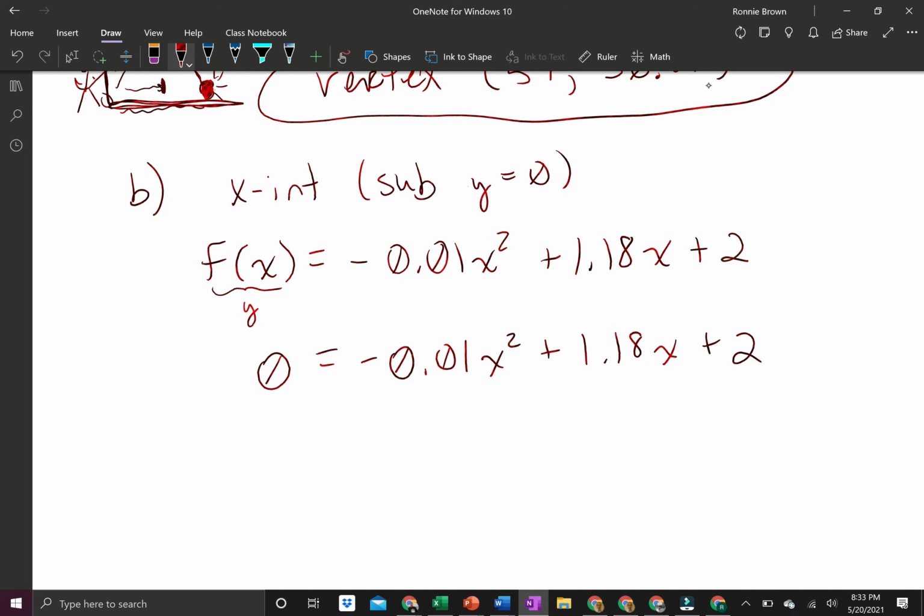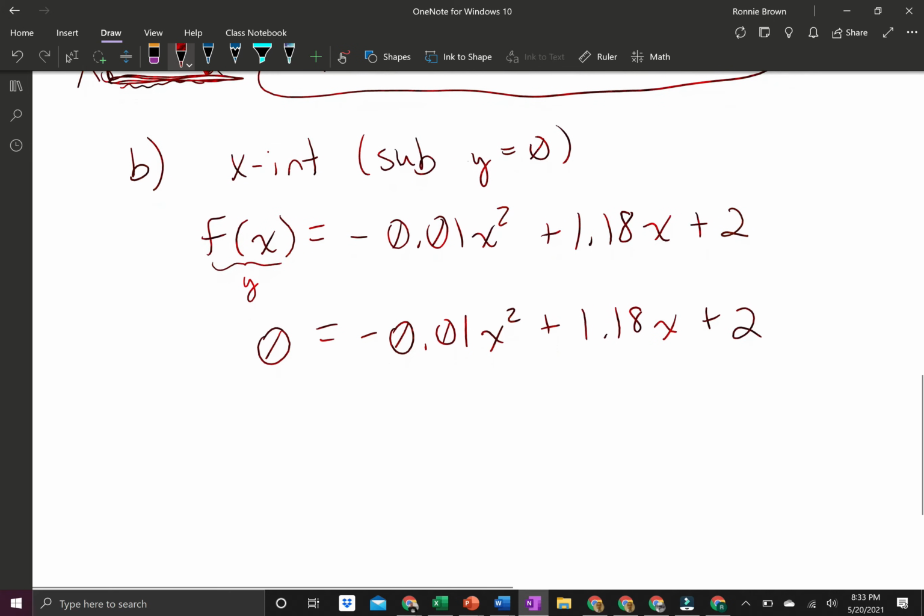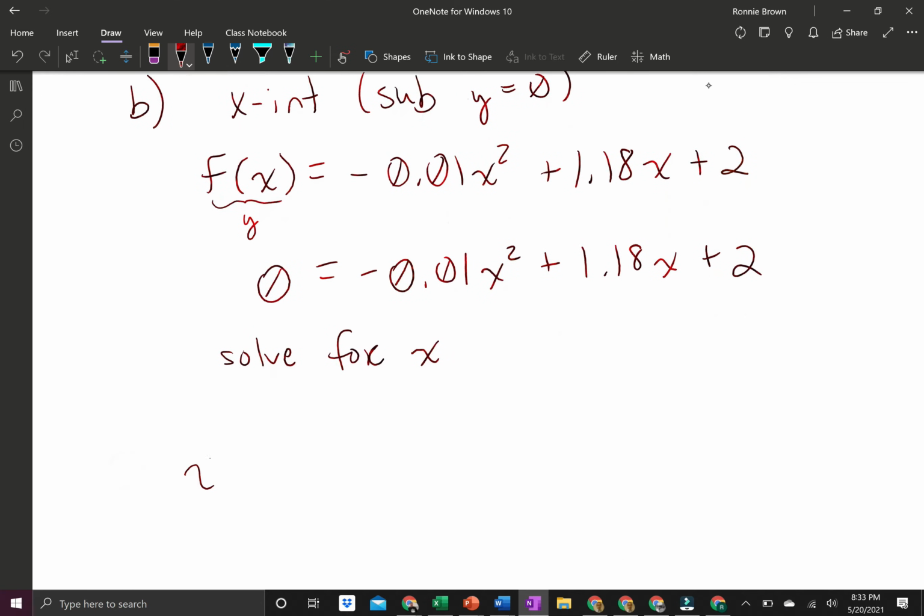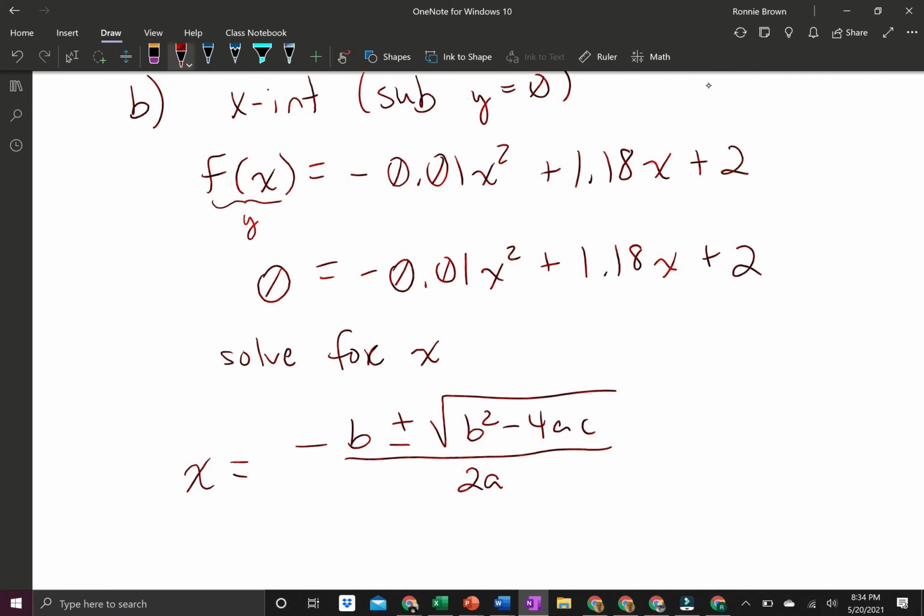Remember that? The quadratic formula can help us solve for x. Remember, it was x equals negative b plus or minus the square root of b squared minus 4ac, all divided by 2a.